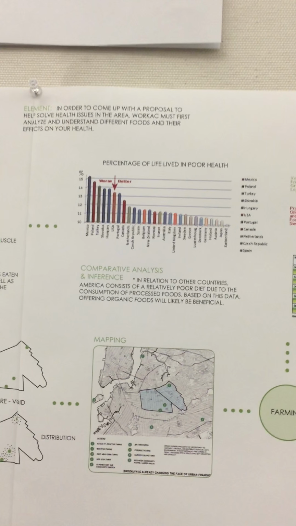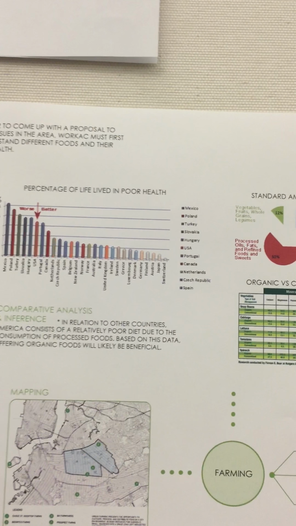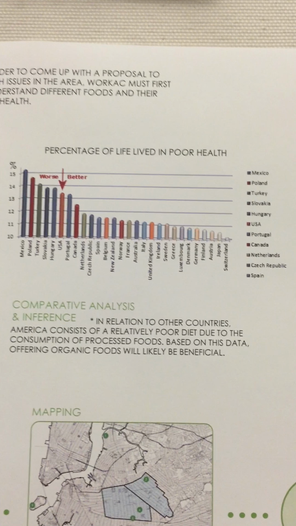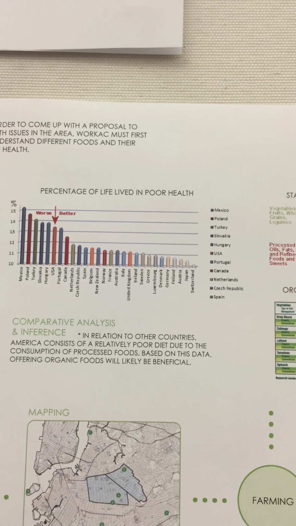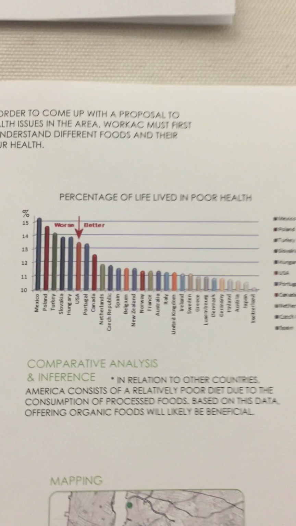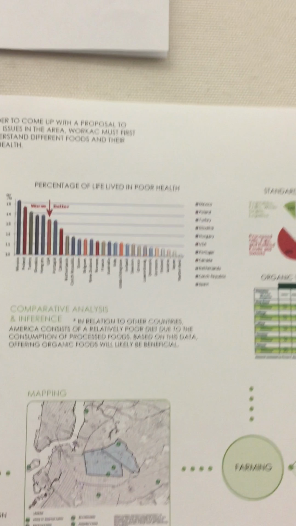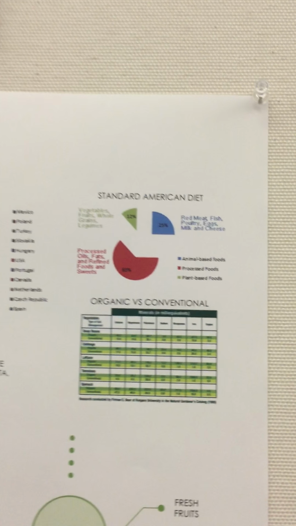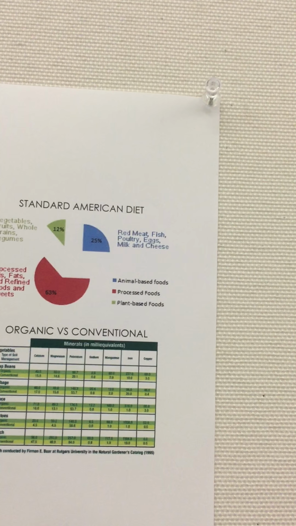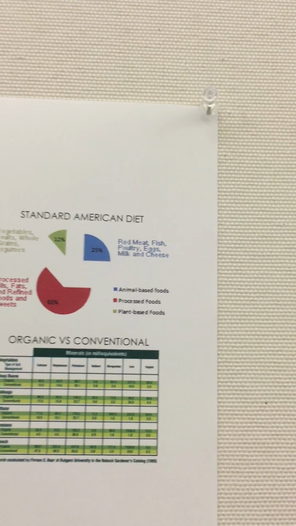Looking at that, as well as using the method of comparative analysis, I found this bar graph which shows the percentage of life lived in poor health in the US is relatively high compared to others. And then over here you have the standard American diet, which is 63% processed foods, oils, fats, refined foods, and sweets.